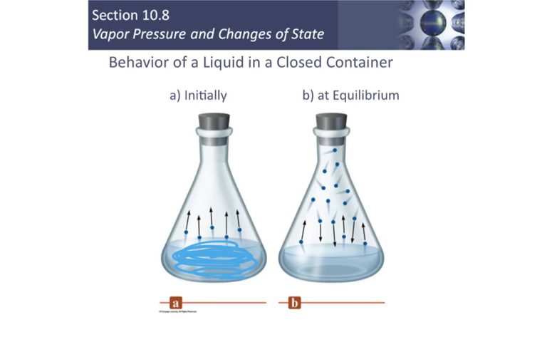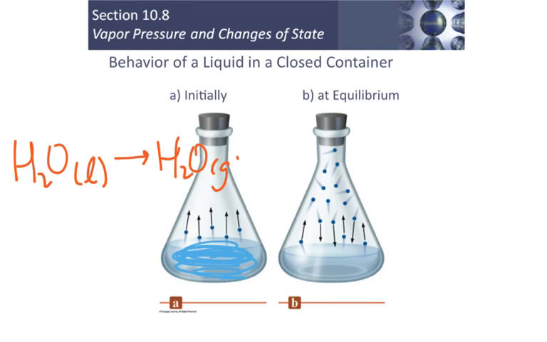So at first, we have a liquid, and some of it is going to go to the gas phase, so it's going to be this type of equation where you have liquid going to the gas phase, because some of that water is going to evaporate because it wants to create some vapor pressure. It doesn't want to all stay in the liquid phase. Some of it will get enough kinetic energy to go to the gas phase. So at first, this proceeds in a forward direction because we have no gas.